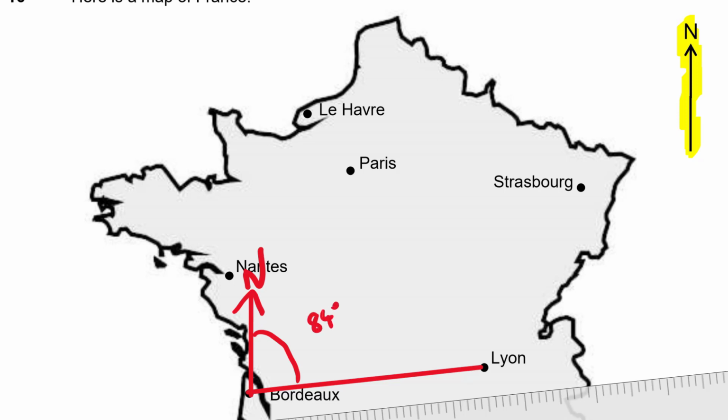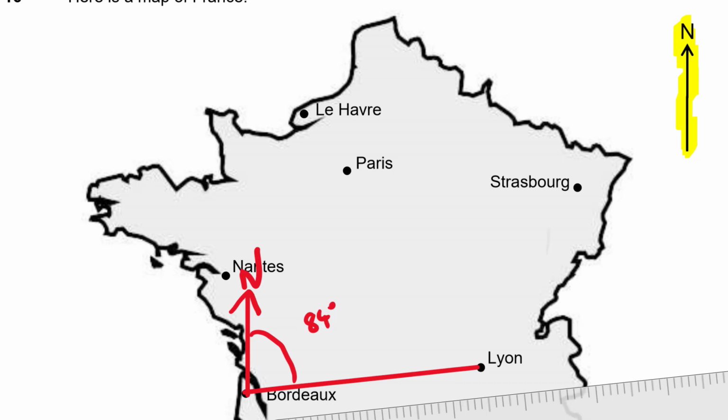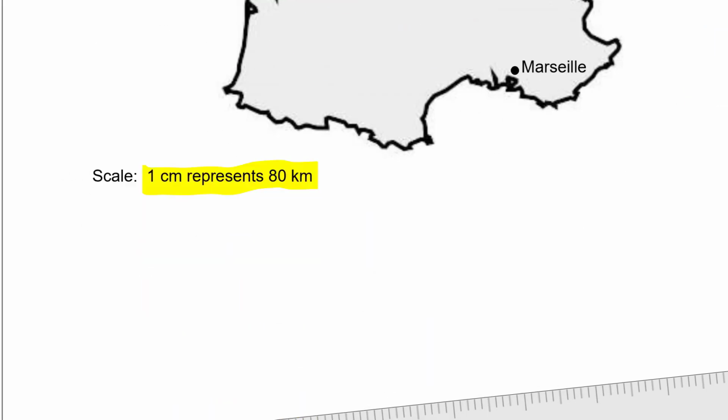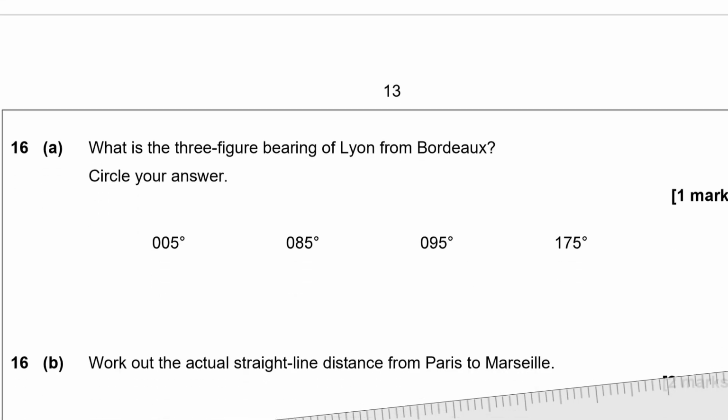To write that down as a bearing, 84 degrees has only got 2 digits. Okay, we haven't got 84. We've got 85 or 95 or 175 or 05. So I think perhaps I was just a little bit out of my measurement. I'm going to say it's that one there, 085.